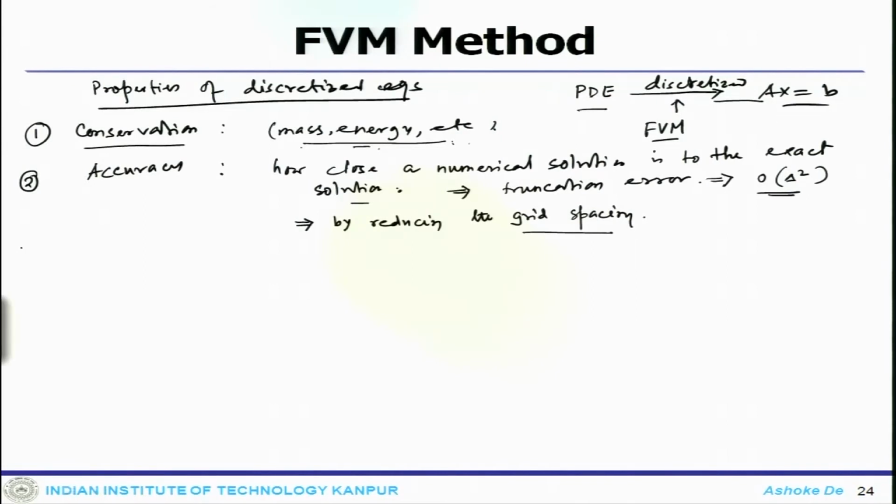So, third is that the accuracy essentially has to do with how you have discretized your partial differential equations and what kind of approximation you have made. So, the approximation made and the leading order terms that are truncated off from your Taylor series expression will lead to the third important property, which is the convergence.